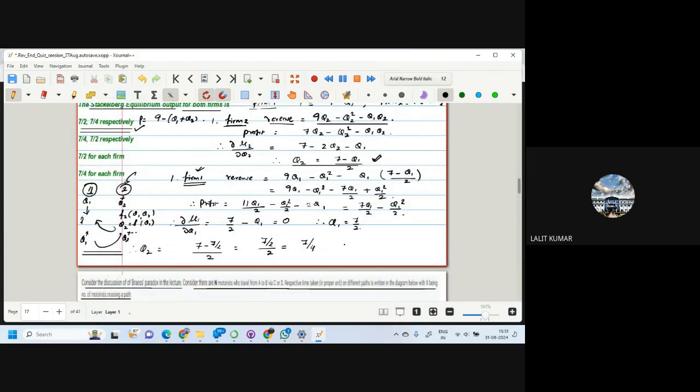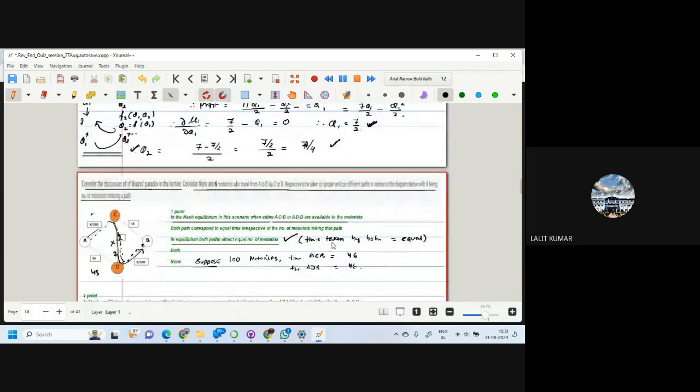So put this value of Q2 here in this profit and here we get Q1, and now we put Q1 here in this function, we get Q2. So we get Q1 is equal to 7/2 and Q2 is 7/4. So this is the Stackelberg. So we just remember the steps for this.